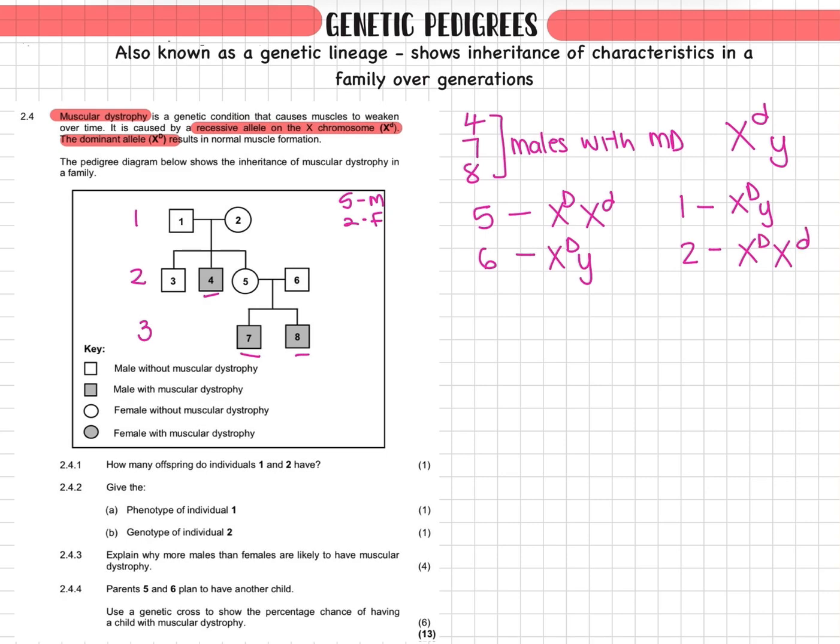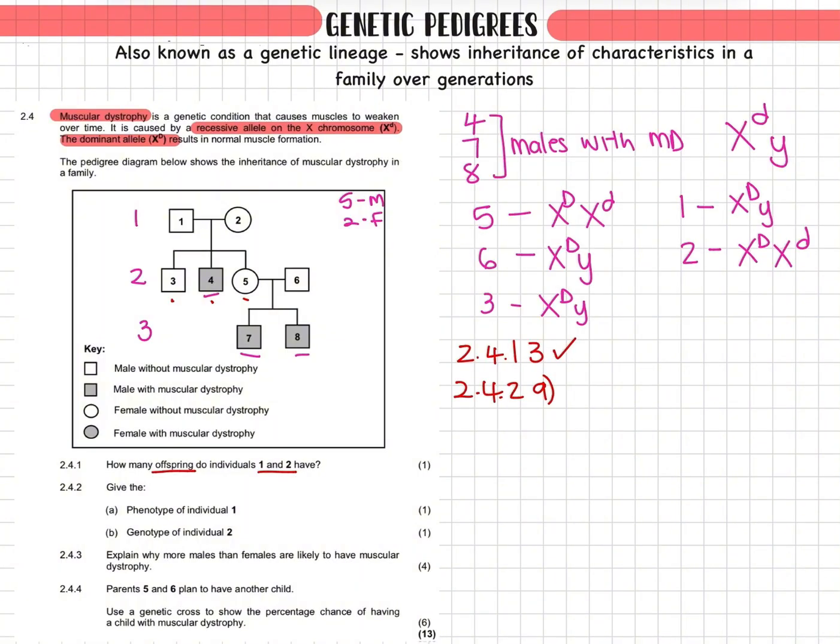And lastly, number 3 is a normal male, so they'll have the dominant allele. Let's go into the questions. We look at the offspring of individual 1 and 2. That is 3, 4, and 5, and that means there are 3.